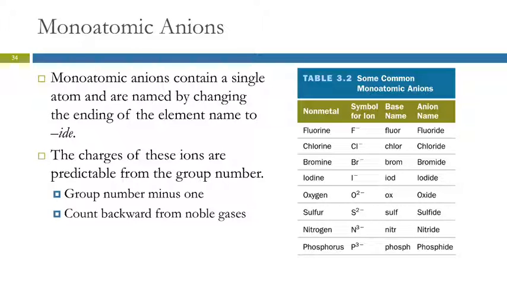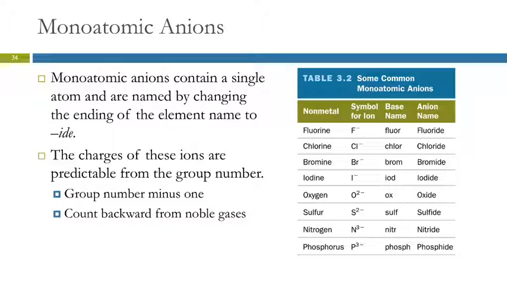There are monoatomic anions and polyatomic anions. Monoatomic means it's just one atom that's an ion. So the nonmetals, the charges are predictable from the periodic table. You can either count backward from the noble gases, or you can look at their group number minus 8, whatever works for you. The names of these, we change the ending of the name to "ide."